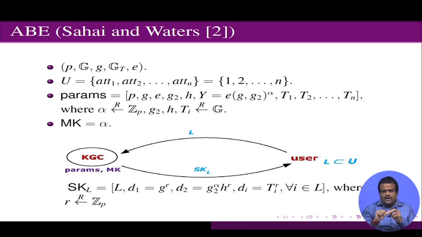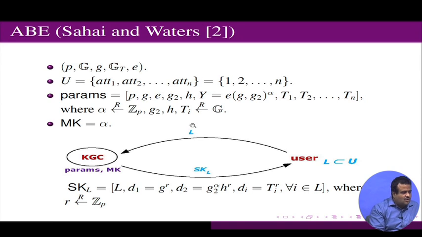Suppose we have some card, and maybe all characteristics are not matching, and only a few are matching. Even then we should be able to decrypt it. That means there is a threshold, which is why it is called fuzzy identity based encryption. If d many characteristics are matching in the fingerprint, then we should be able to decrypt it. So, this is basically a case of attribute based encryption.